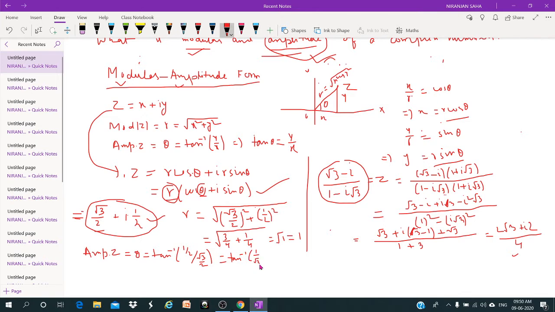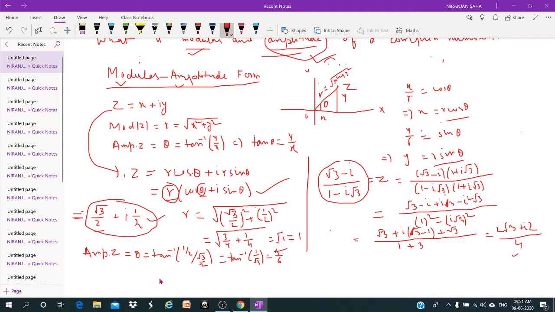What value of tangent gives us 1/√3? This is just π/6.